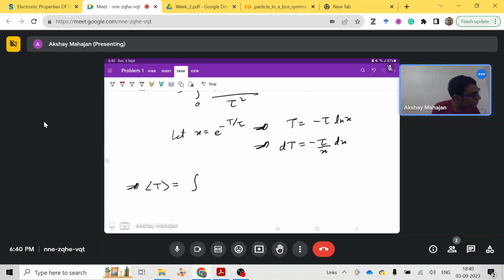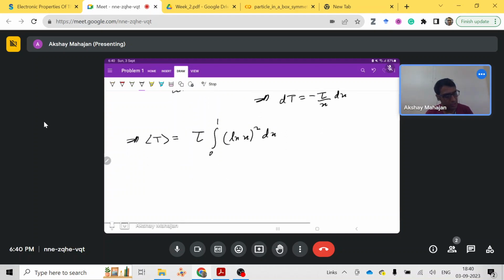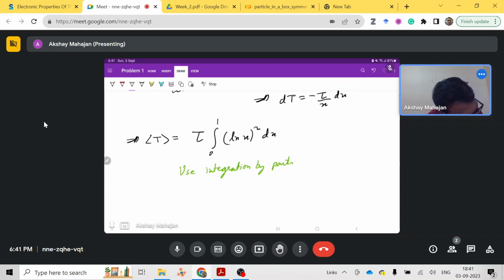Basically, what you will be left with after doing some integration, you have to check it out, but this will come as integral of ln x whole square dx. And then similarly, use integration by parts. Again let me just write the formula: integral of u dv equals uv minus integral of v du.